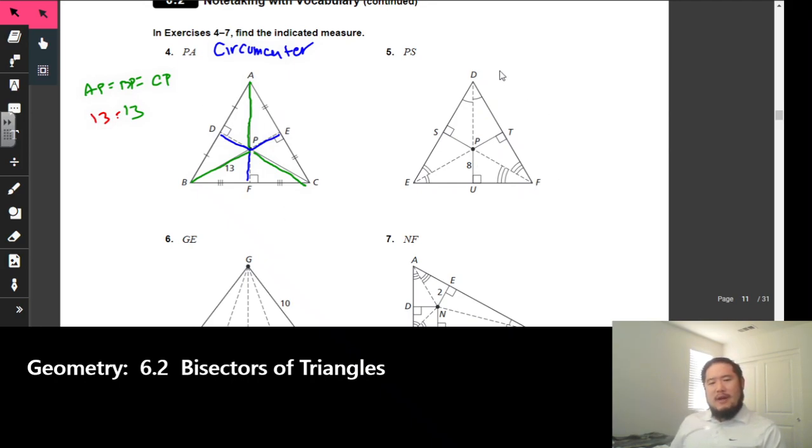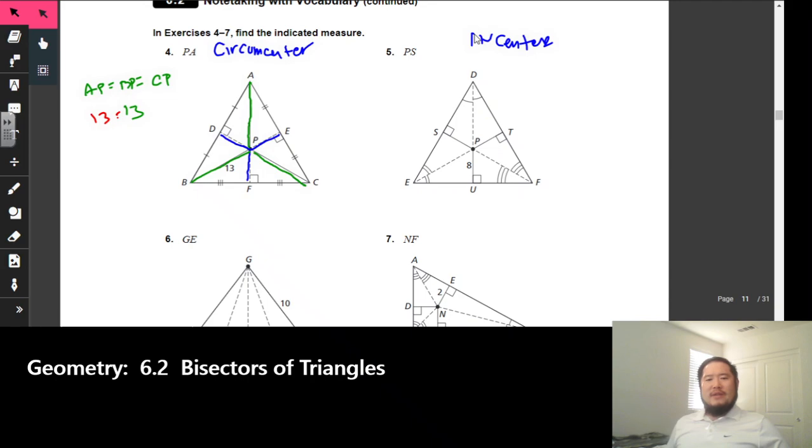Let's take a look at number 5. Give you a moment. Take a look at that diagram. Do you see perpendicular bisectors or do you see angle bisectors? I see angle bisectors right here. Look at angle D, angle F, and angle E. What does that mean? We have the incenter.